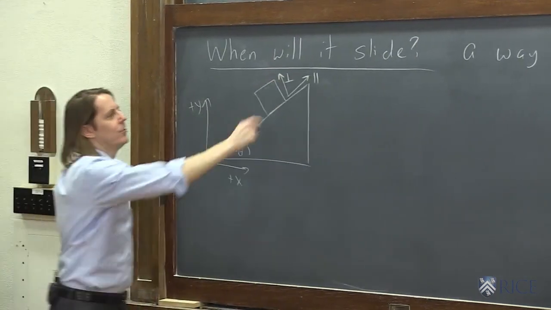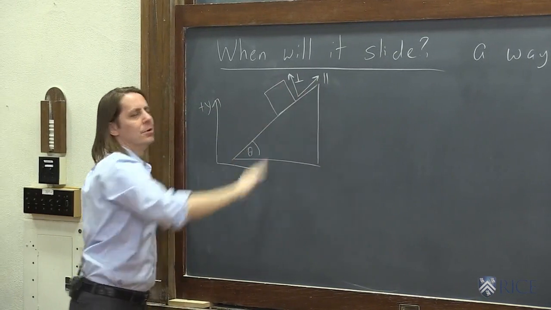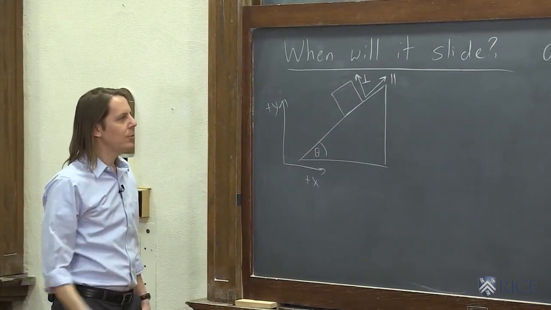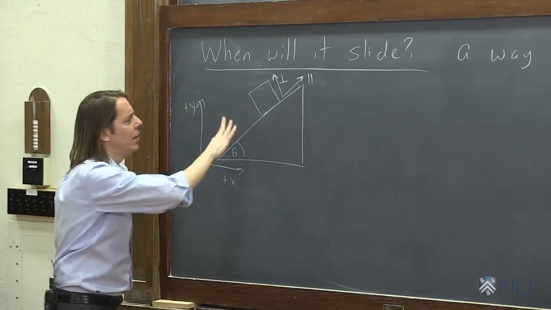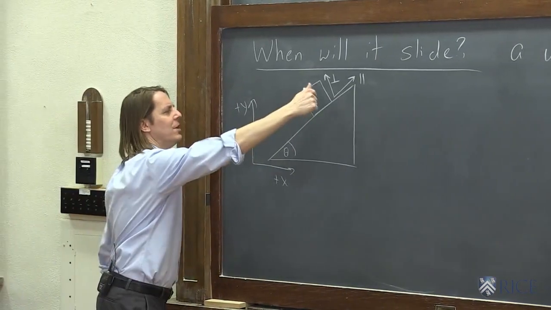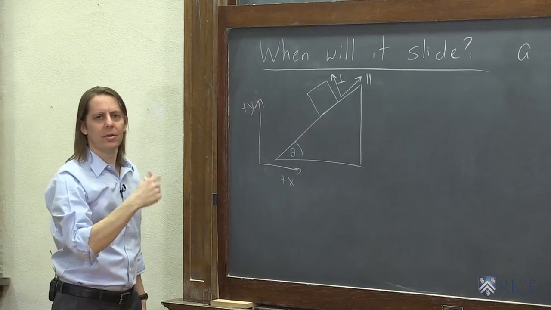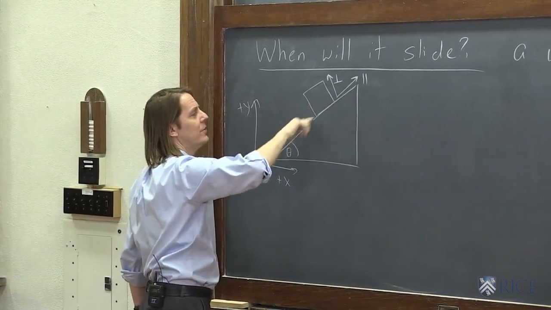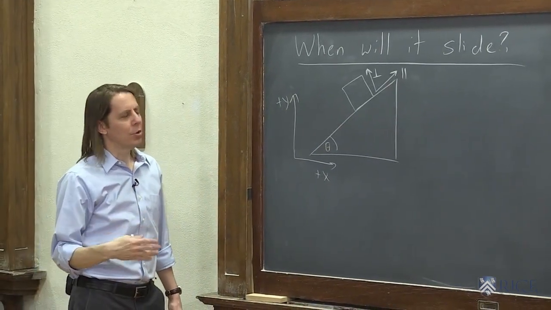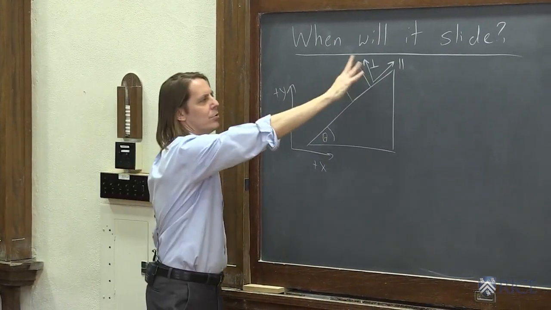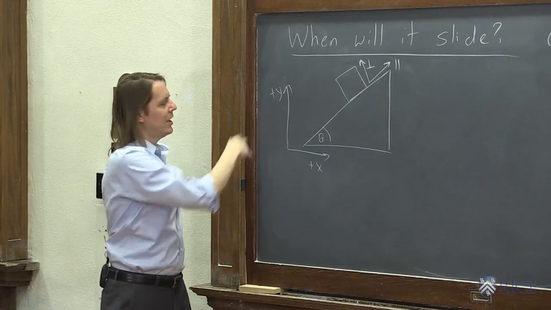I'm just going to identify those with the parallel symbol and the perpendicular symbol. And we just got to decide which one we want to use. So right now, when will it slide basically means we're thinking about when will it begin to accelerate down the surface, which means we want to think about the acceleration in the parallel direction. So we probably want to work in a parallel and perpendicular coordinate system here, rather than x and y.